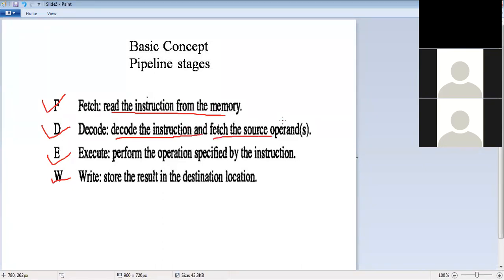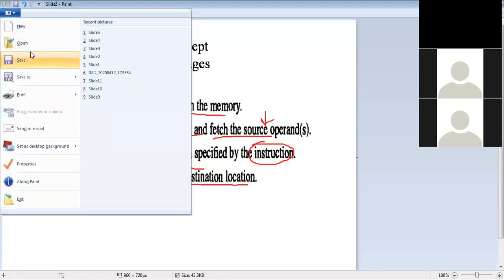These two things are carried out in the same phase, the decode phase. After that, the execution unit is responsible for performing the operations specified in the instruction. And finally, once the execution is finished, the result is kept in the destination location. The destination may be a register or a memory location.